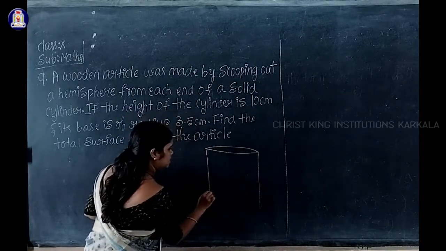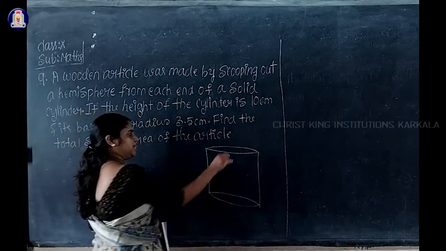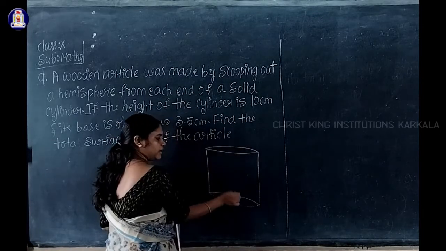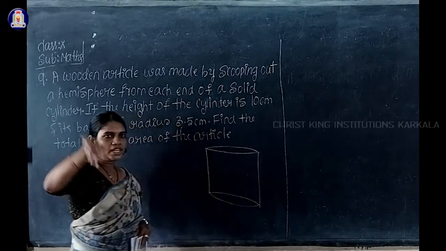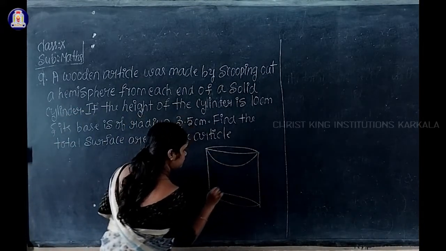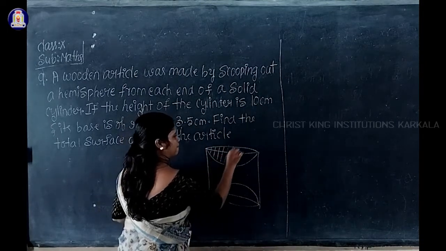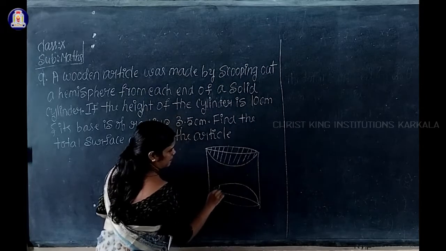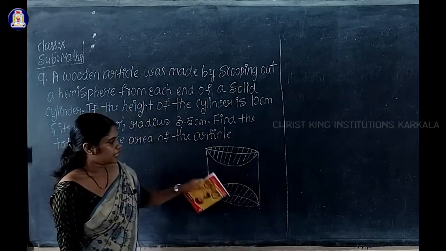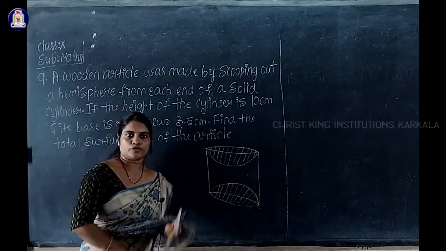According to this question, from each end of the cylinder, means from the top as well as from the bottom, a hemispherical region will be scooped out, like this. A hemispherical region will be scooped out from the top as well as the bottom of the cylinder.